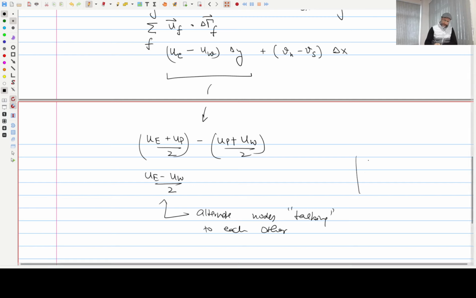In the grid that you have, it's this and this, for example, talking to each other. So we get again velocity from a coarser mesh that is being used in the continuity equation rather than the velocity at the adjacent nodes.